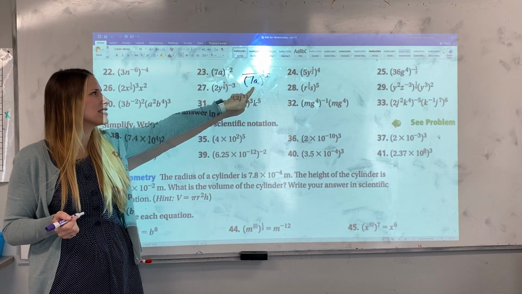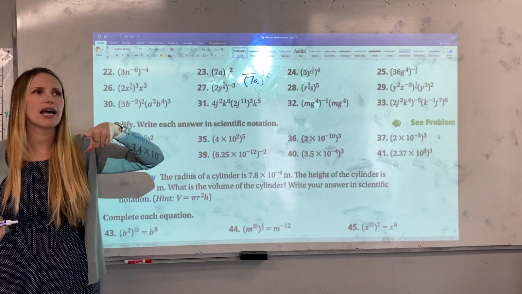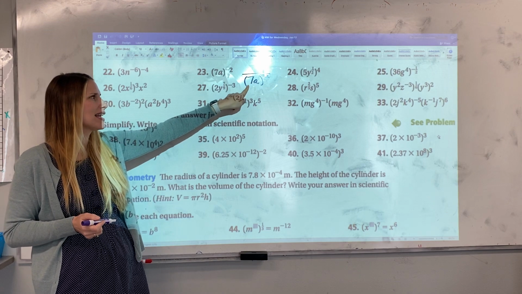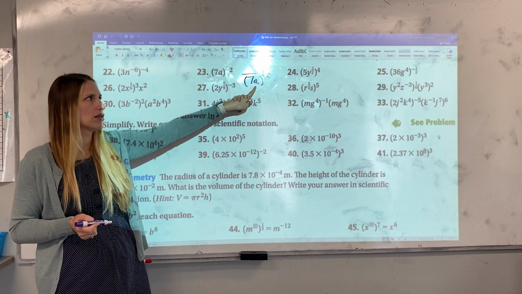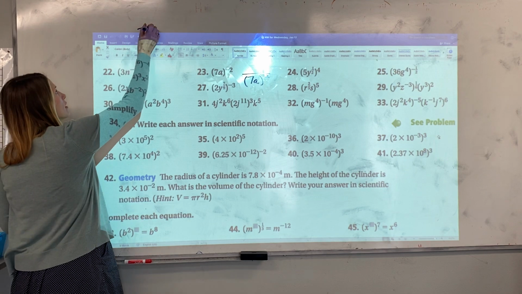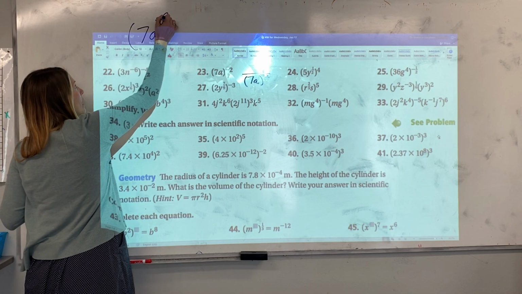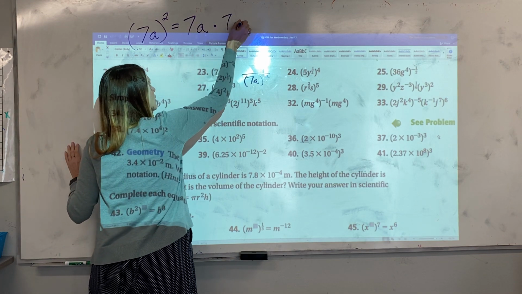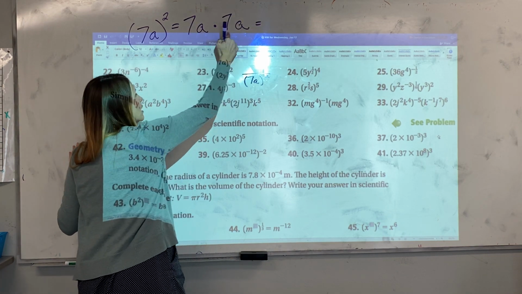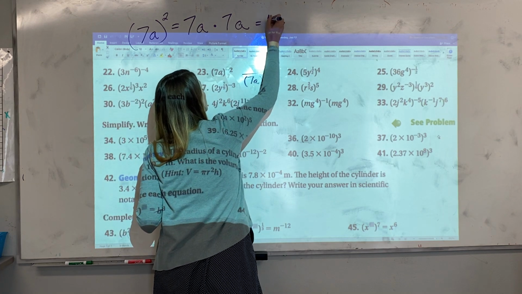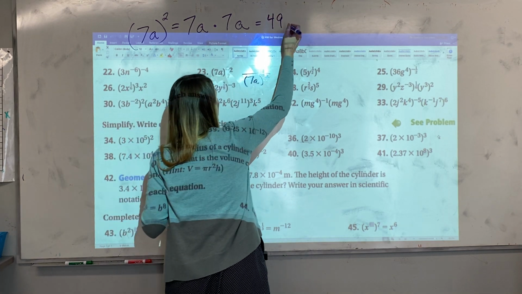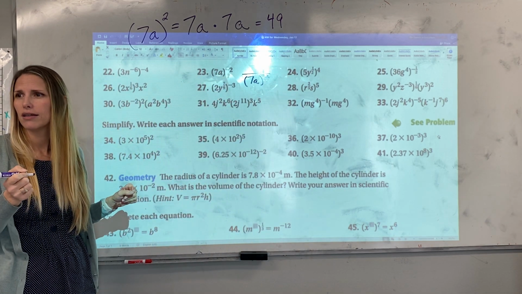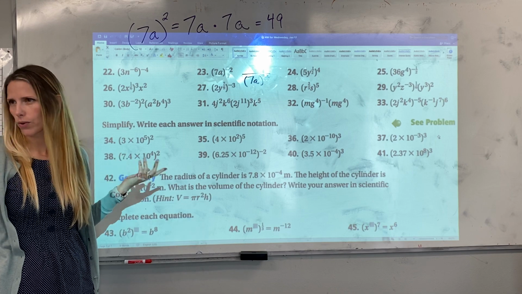We keep this in parentheses because, as Ricky just said, when it's in parentheses, the exponent belongs to the 7 and it belongs to the a. A little side note: 7a squared means 7a times 7a. What's 7 times 7? 49. What's a times a? A squared.